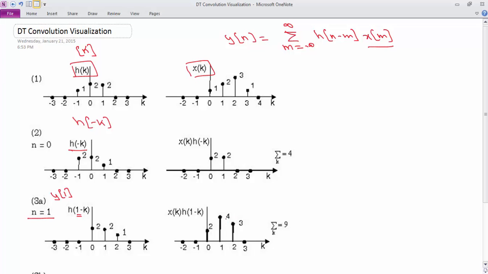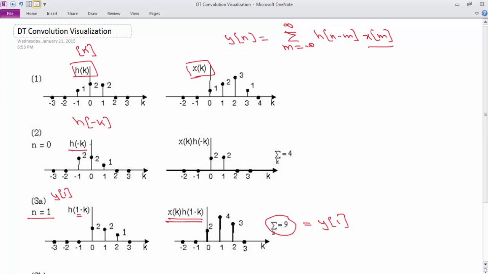In continuous time, we computed the area under the curve, that's integration. In here, we just add up all the values. So this is x of k, h of 1 minus k by multiplication of this and this. And then we sum all of the values, and that will be y of 1.